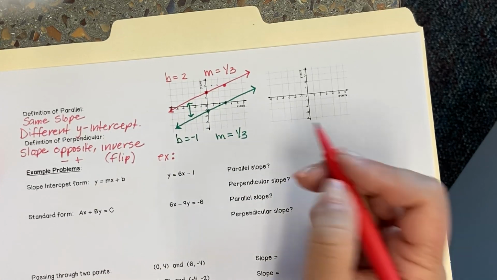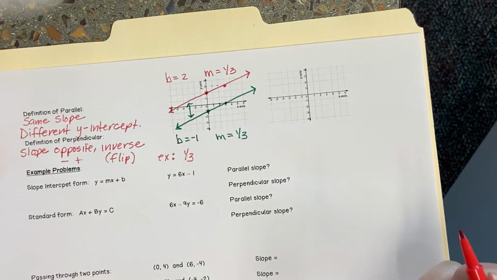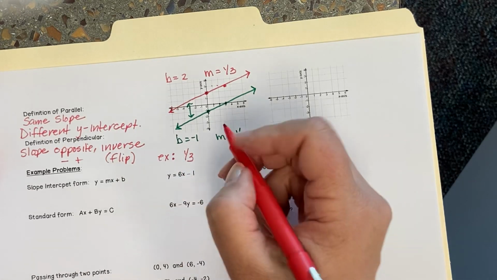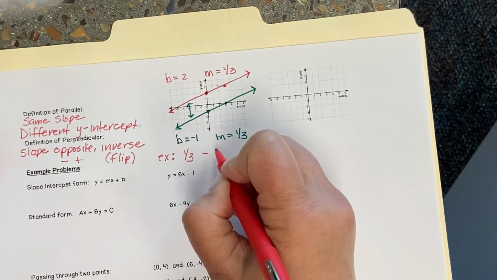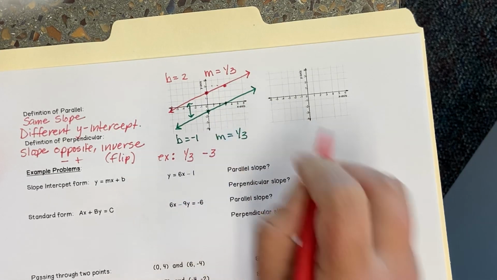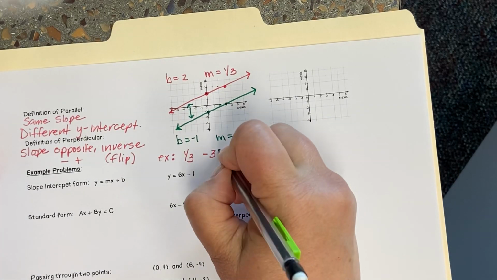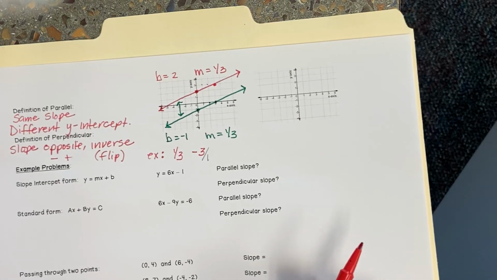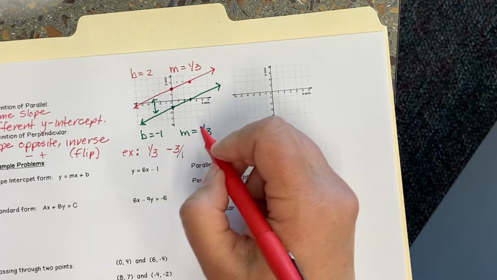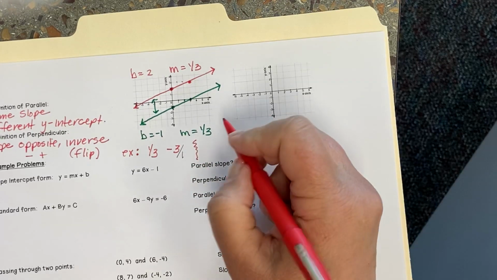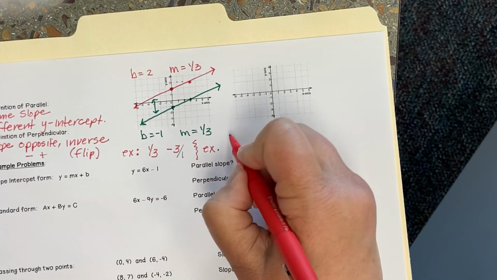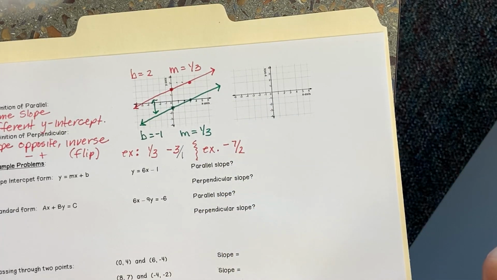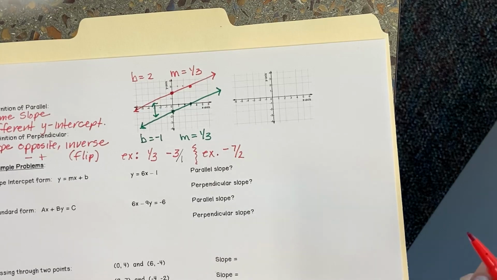If I started out with 1 over 3 and I wanted perpendicular, this is positive, so perpendicular has to be negative. Negative, flip it, 3 over 1. Thing is, we don't really write the over 1 part because it's not necessary. So just negative 3. Let's say you started with a negative 7/2. If you want the perpendicular to that, you have to take the opposite.